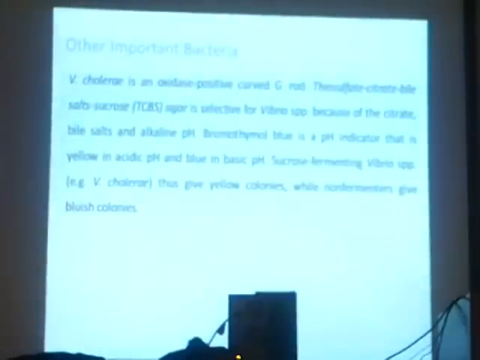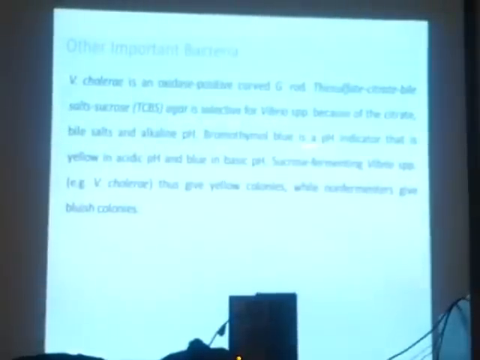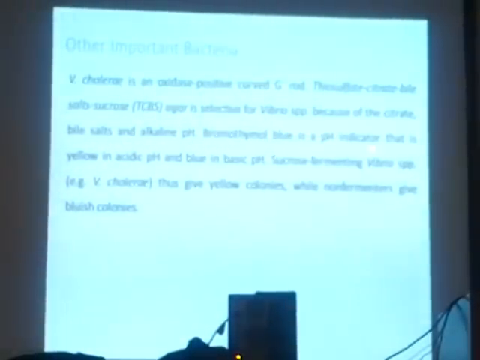Now, bromothymol blue is the pH indicator. Like thymol blue, it is yellow in acidic pH, but blue in basic pH. Bromothymol blue is not the same as thymol blue. They have other different characteristics, but they have the same color changes. In the acidic range, it is yellow.